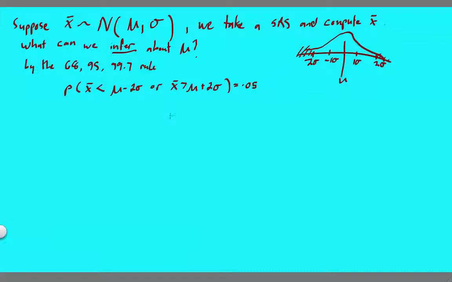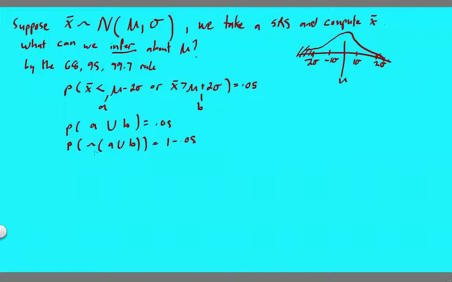Okay, so from this, we're just going to let this be statement A, this will be statement B. So we can simplify this to the probability of A or B is equal to 0.05. So we can then say that the probability of not (A or B) is equal to 1 minus 0.05.